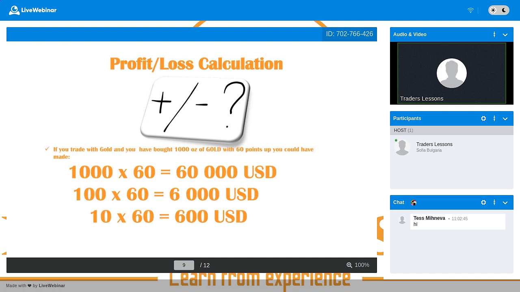Now, profit and loss calculation. This is important and it is connected to what I told you a few minutes ago about the spread and about the size, the volume of your trade. Whenever you are trading and you see a specific movement is about to happen, you can easily calculate for yourself the potential profit or the potential loss that you can expose your account to.